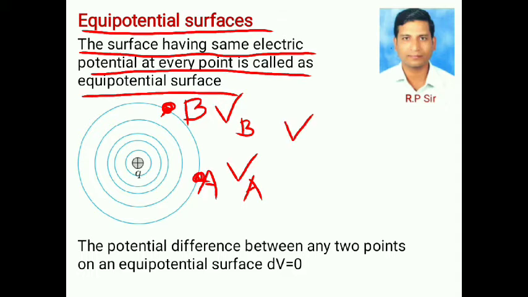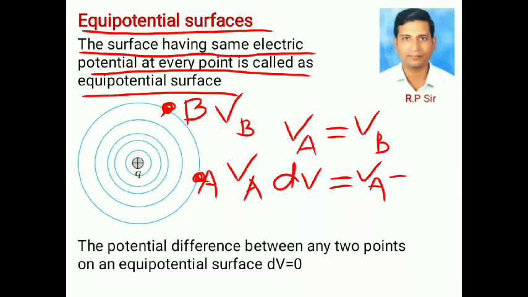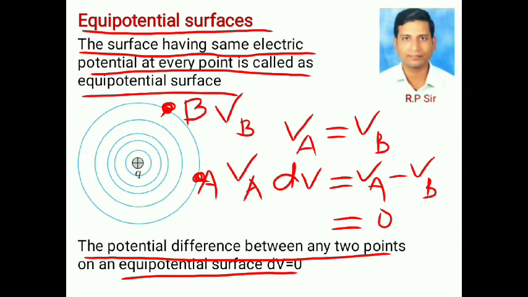That is, VA equals VB. Then the potential difference dV equals VA minus VB equals 0. That means the potential difference between any 2 points on an equipotential surface, dV, is equal to 0.